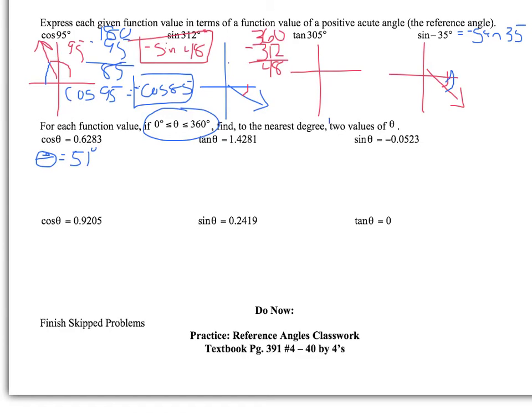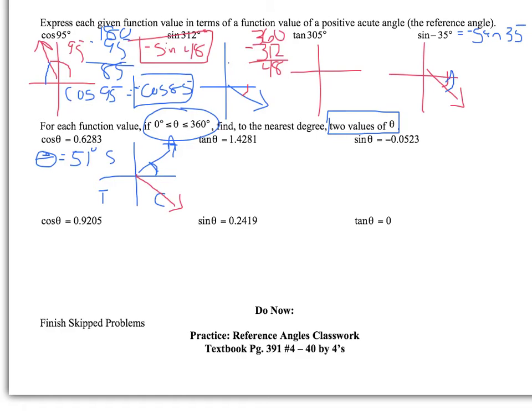Notice the directions. It says find two values of theta. To find the second value, we use reference angles. 51 degrees is in quadrant 1. Cosine is positive in quadrant 1. Cosine is also positive in which other quadrant? Hopefully you're saying quadrant 4.